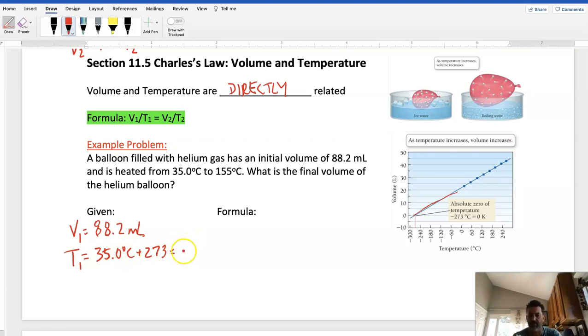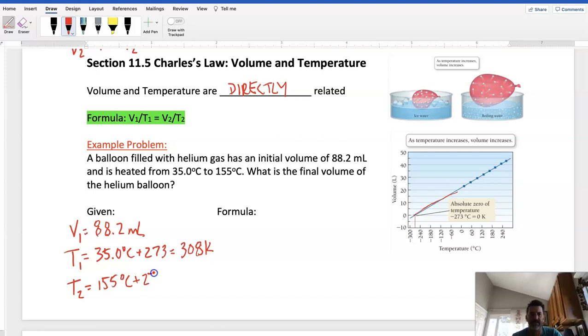And when I add 273 plus 35, I should get 308. Okay, 308 Kelvin. Okay, so it's heated from 35 to 155. So my T2 is 155 degrees Celsius.